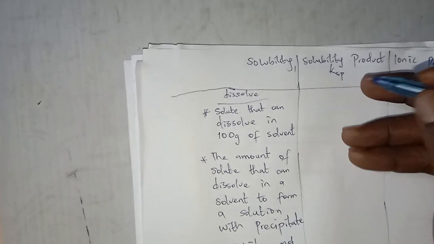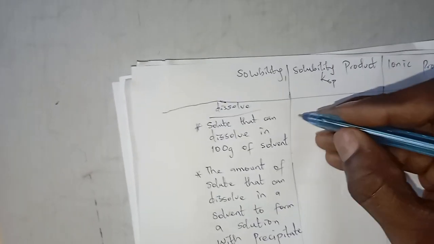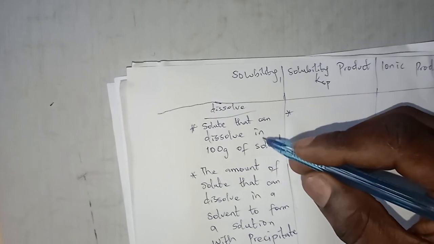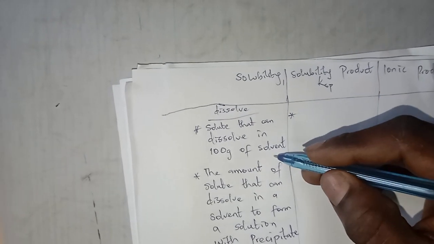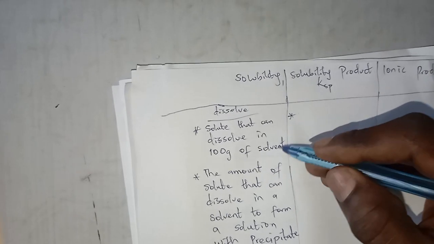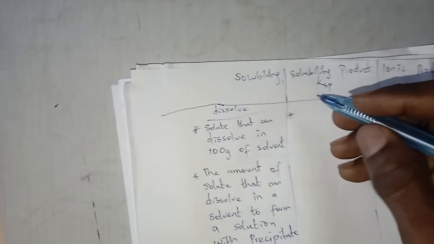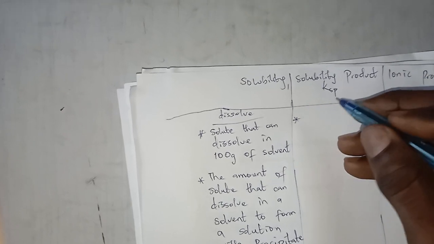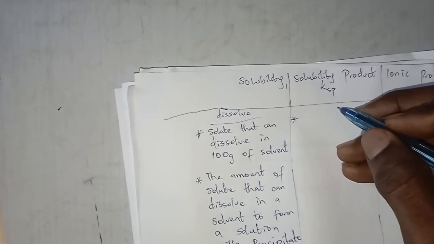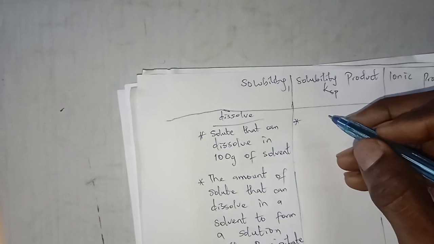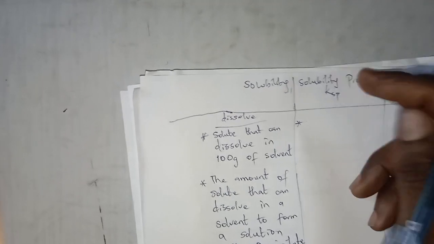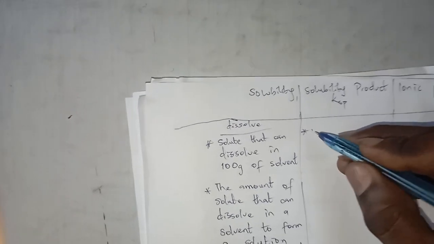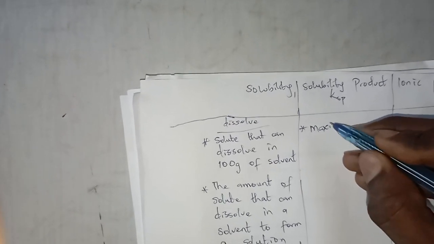So whenever we talk about solubility products, the first thing we are checking is, we know that if we add solutes into solvents, and it is able to form ionic products, the maximum number of ions that the solvent holds is what we refer to as ionic product.